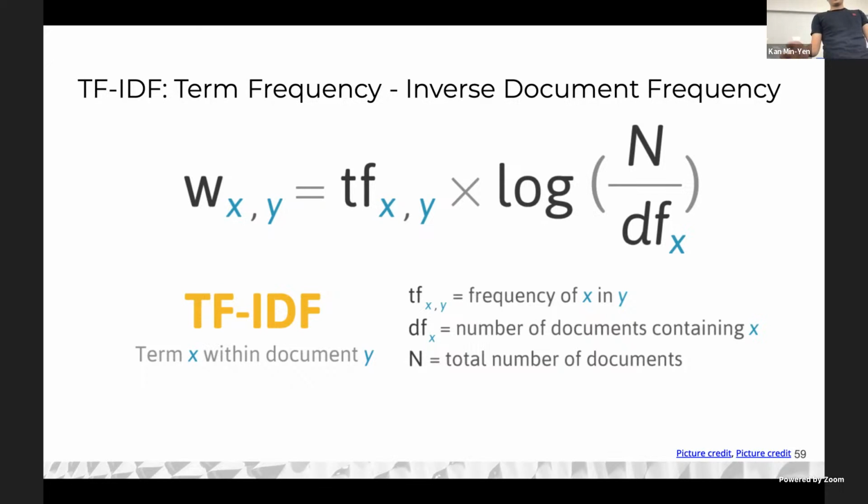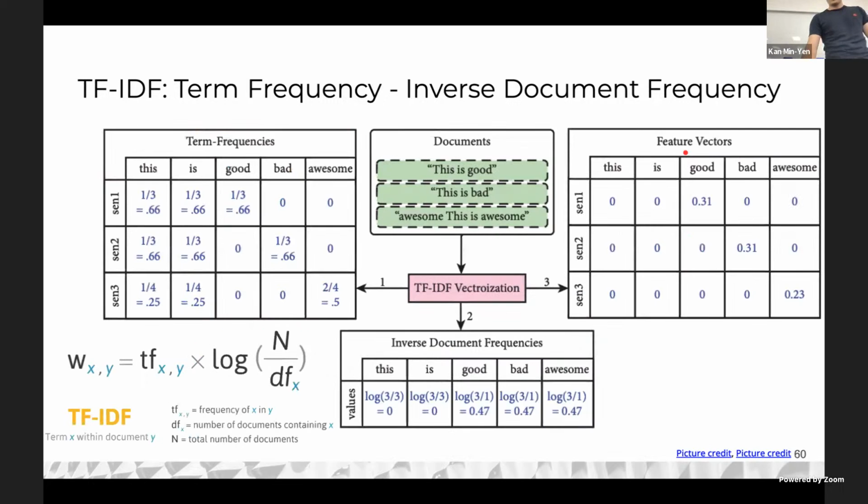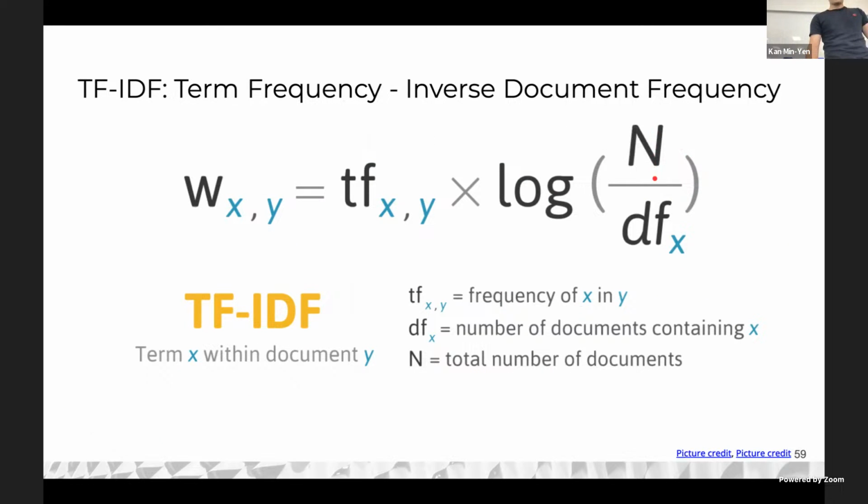So in this case, we use the inverse to show that those terms that occur in every document are not useful. If you say, for example, this is 1, then the log of 1 is 0. So the term is just ignored.